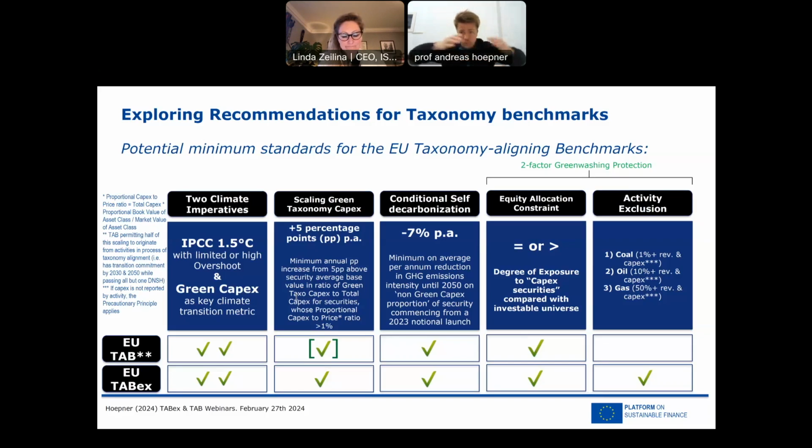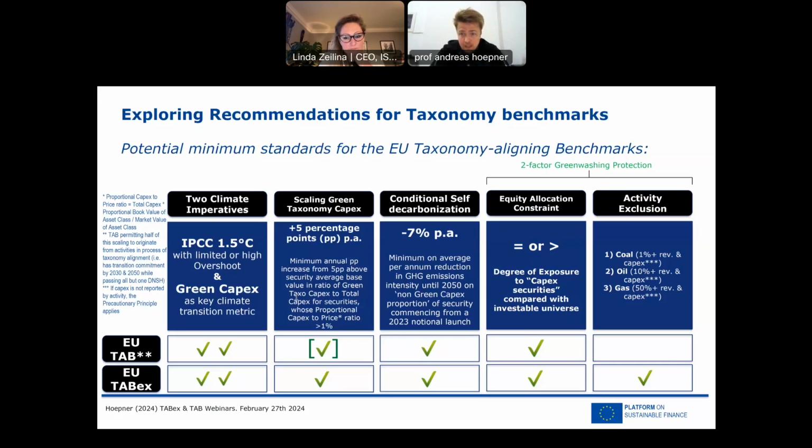So this is a broad benchmark for any activity, from consulting to utilities, from chemicals to some sort of software tech that isn't really related to the taxonomy. So anyone basically can be in there, and everyone can do their part. Some companies just decarbonize, and other companies that have meaningful green investments to make can make these and will get a decarbonization holiday in return for that particular year where their capex is green.